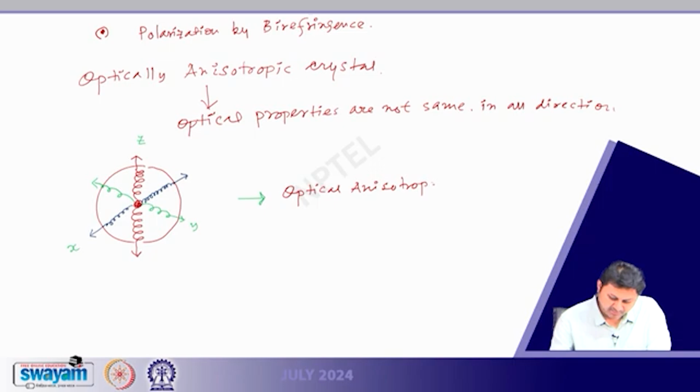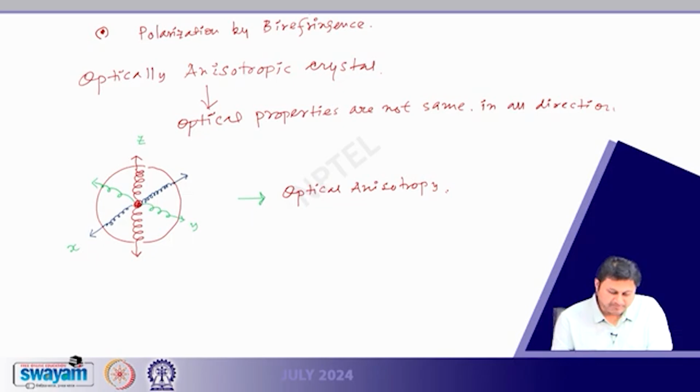In a very simple way, I just try to explain without going into a detailed analysis of how it works, which is not required at this stage because that is not our topic. I just try to make you understand how this optical anisotropy arises in an optical system, and simply this anisotropy arises because of the different optical property in different directions. That is the way.